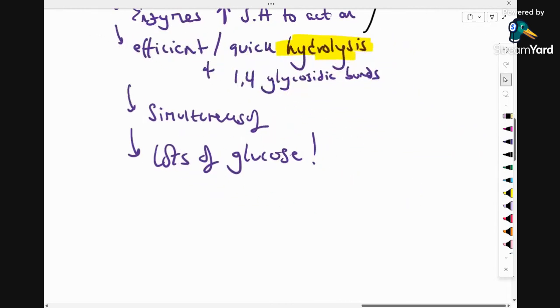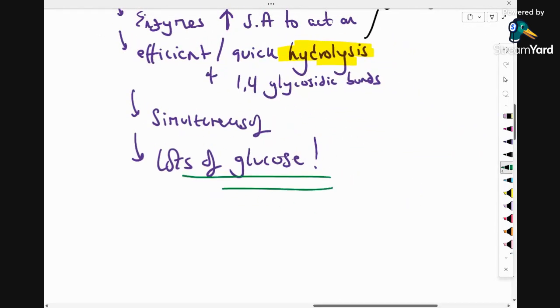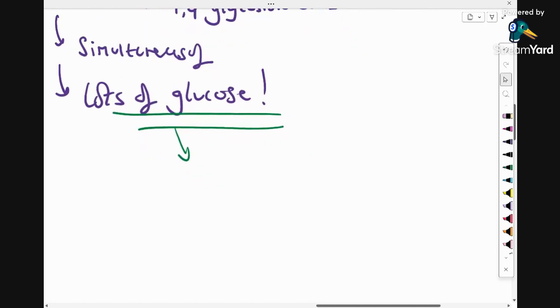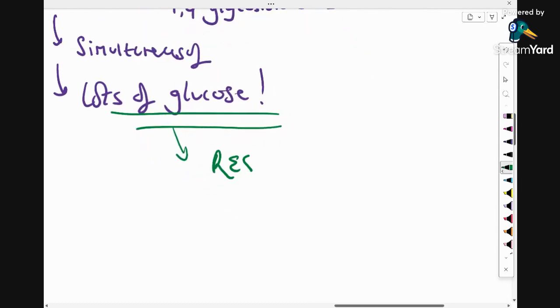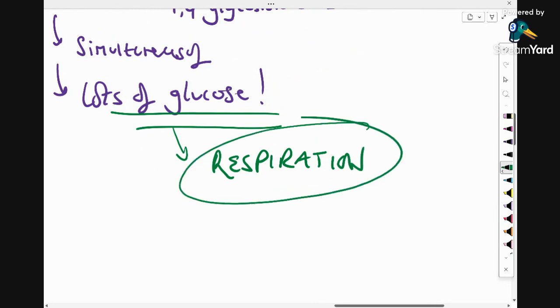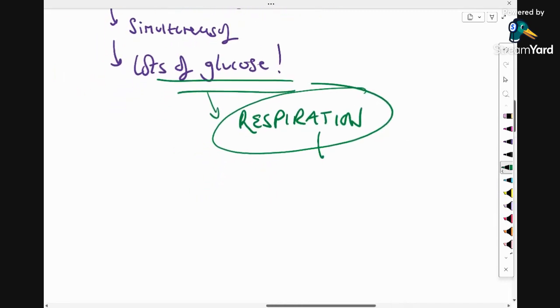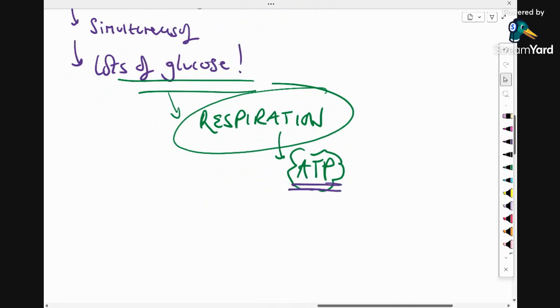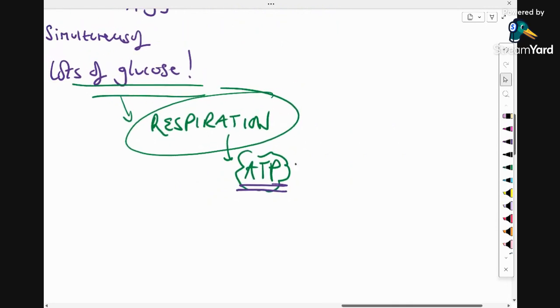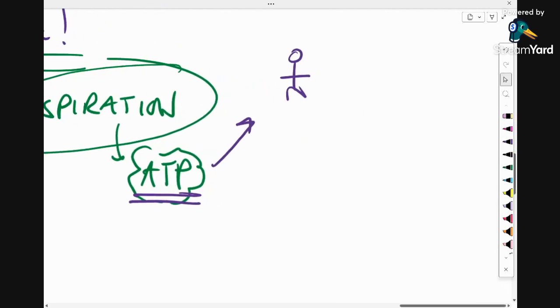And the reason this is important is because glucose is required. This is always good for the exam. Why is it needed? Because this is used for respiration. It's a substrate for respiration. In upper sixth, substrate for glycolysis. Therefore, from respiration, we can liberate lots of ATP, right? The energy, the free energy stored within this molecule, the ATP molecule. And this can be used for things that an animal or a human like you needs, right?